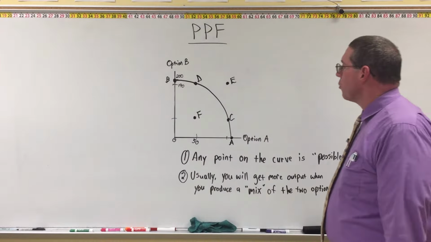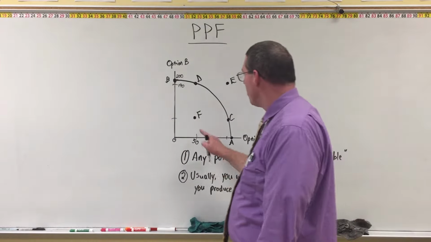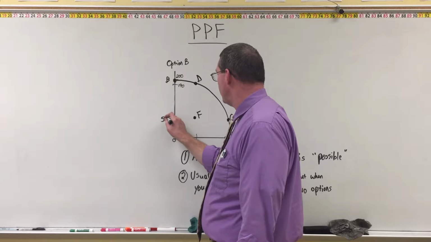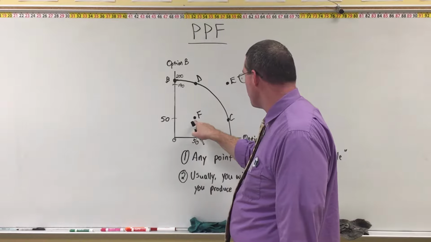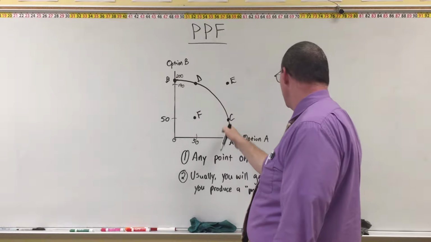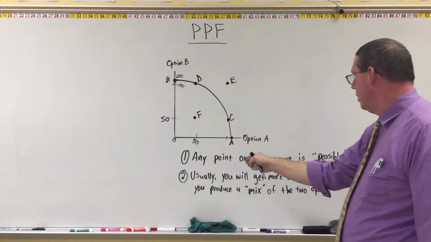Okay? Now here's the third thing that I want you to understand. We could produce 50 cars and 50 trucks, but that means that we're not using all of our resources. See, this curve right here is the curve of possibilities.